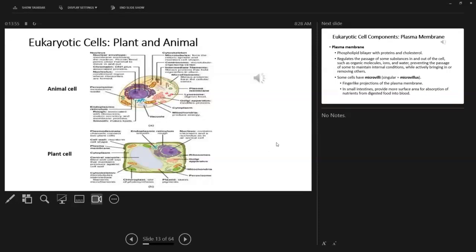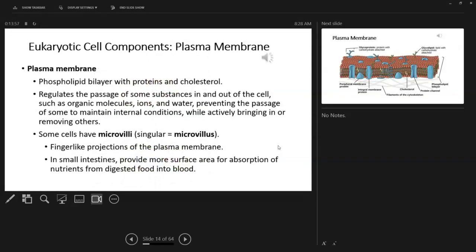Okay, so we'll be looking at some of these organelles and see what they do. The plasma membrane is made up of phospholipid bilayers. There are 2 layers of phospholipids, and it has protein molecules and cholesterol also mixed in with the phospholipids. So cells always have to have a lot of stuff coming in and out.